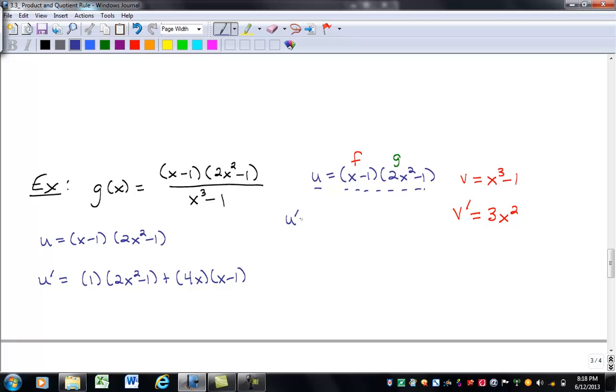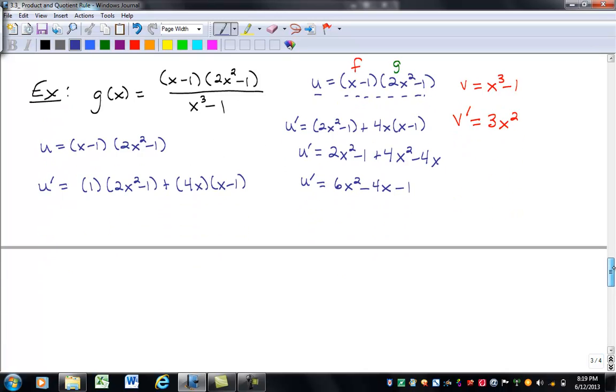So u prime is going to be 2x squared minus 1 plus 4x times x minus 1. And you can simplify that a little bit. 2x squared minus 1 plus 4x squared minus 4x. And if I put that together further, I get my u prime. 2x squared and 4x squared is 6x squared minus 4x minus 1. That's the same derivative I would have got if I'd multiplied it first and then found it.